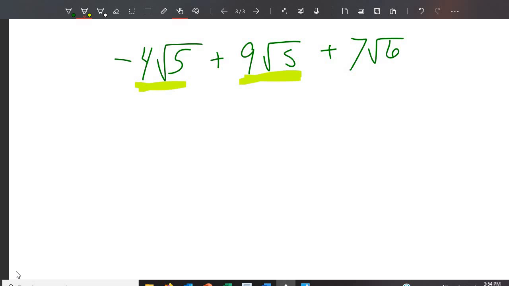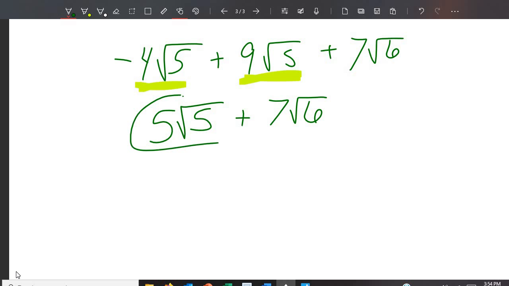They both have a square root of 5 only. So we add the numbers in front. It's still got a square root of 5. And then we put 7 square root of 6 behind it. I can't add these because they're not like. So this would be the final answer.